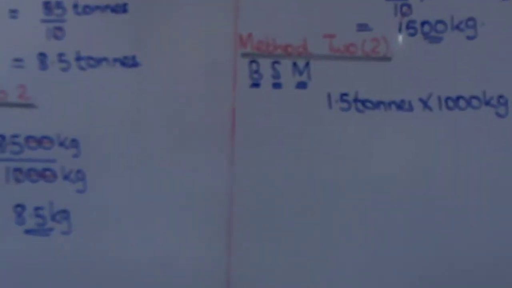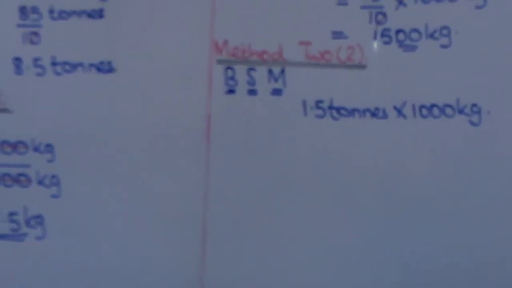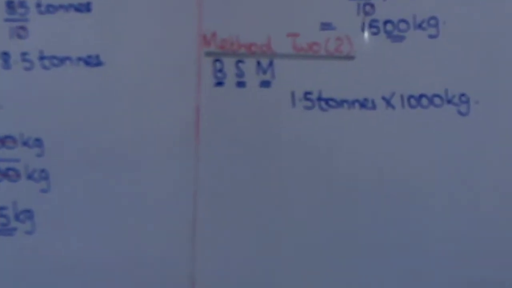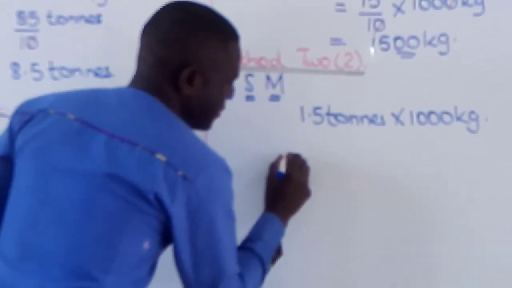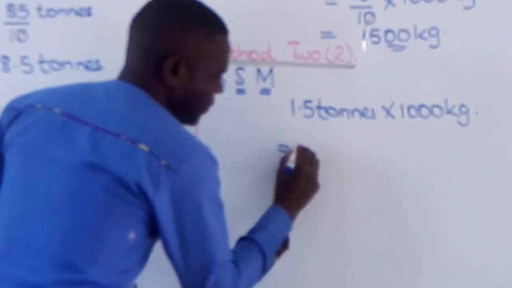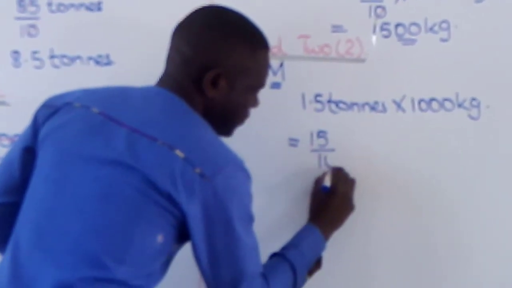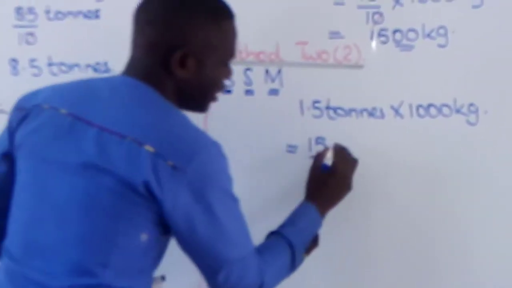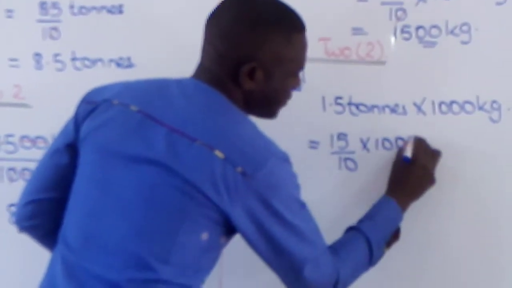So we are multiplying. And so when we multiply, we convert the decimal into a fraction. Then we multiply by 1,000.